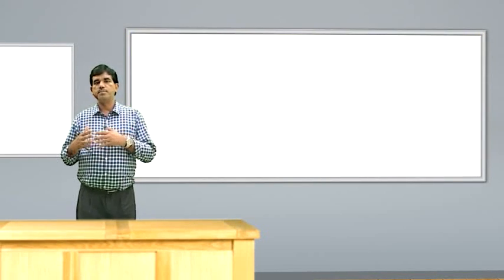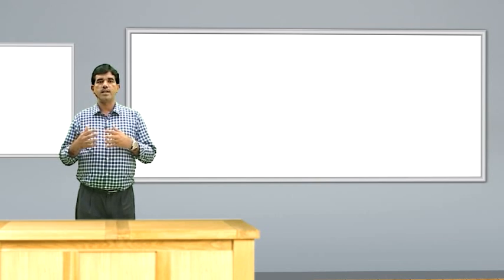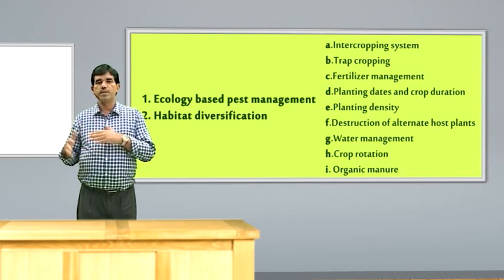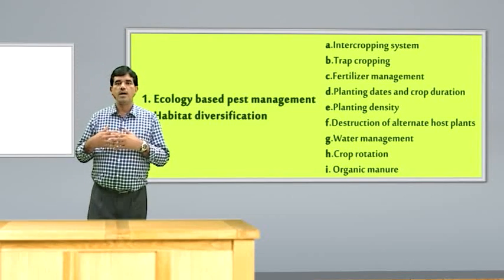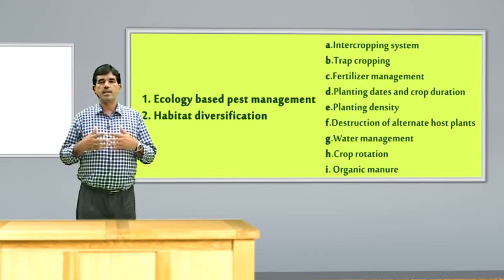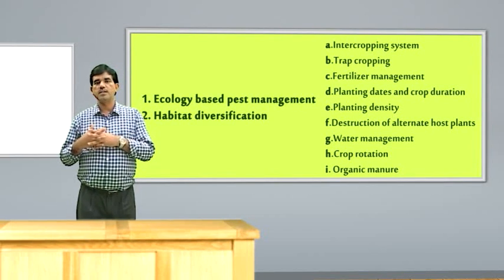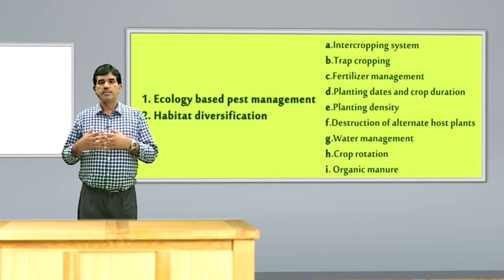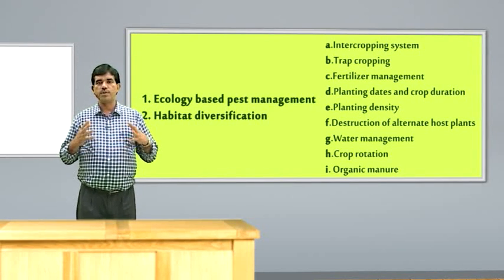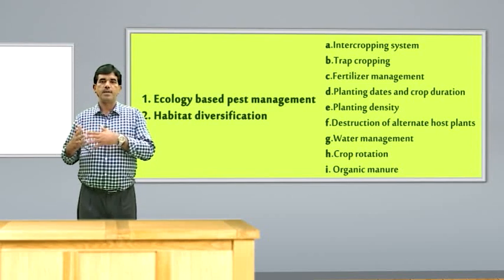Now ecology based pest management is important because some cases of severe pest outbreaks have occurred, like Helicoverpa armigera in cotton and slug caterpillar in coconut. In several crops, pests considered as minor have now become major pests. Habitat diversification is an important way to control the pest.